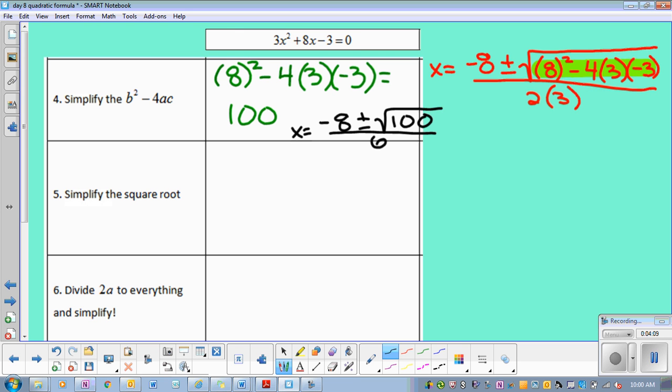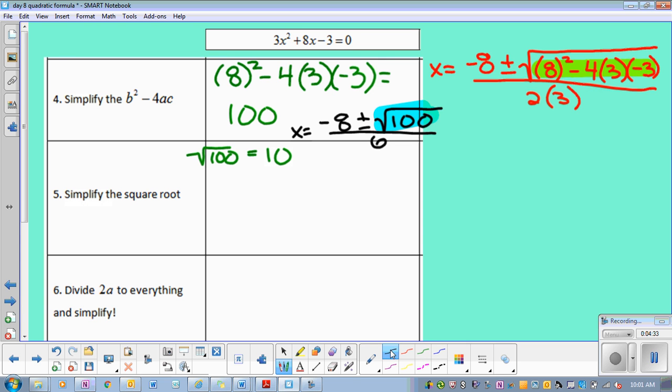Okay, so number 5, you need to simplify your square root. This guy right here, square root of 100. Yeah, that's a perfect 10. It's a perfect square. So we'll make a note: square root of 100 equals 10.